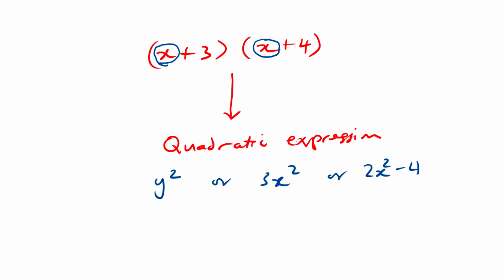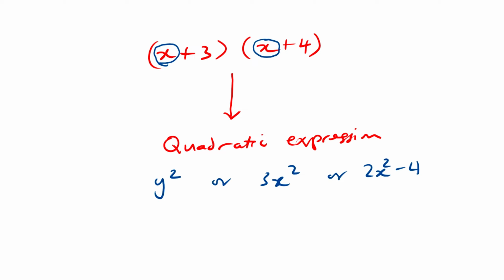All these are quadratic expressions, strictly speaking. But there is also a general form of quadratic expression. I explained it in my previous video, so you can check the video titled Algebra, Further Terminologies, Binomial and Quadratic Expressions and see the explanation.